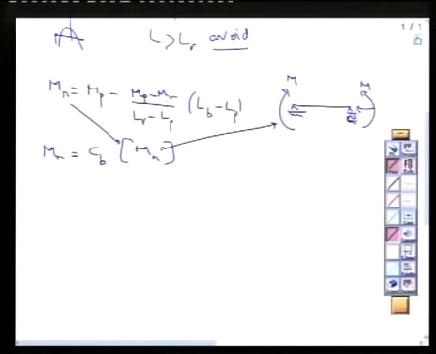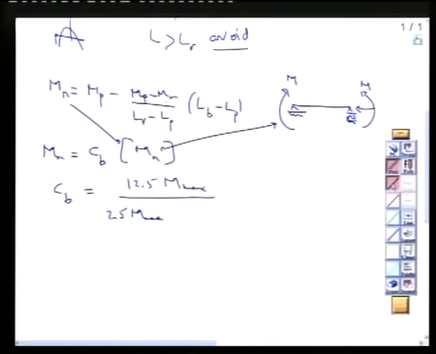Now we have an equation for Cb. Let me remind you with this equation. Cb equals 12.5 M maximum, divided by 2.5 M maximum plus 3 MA plus 4 MB plus 3 MC.